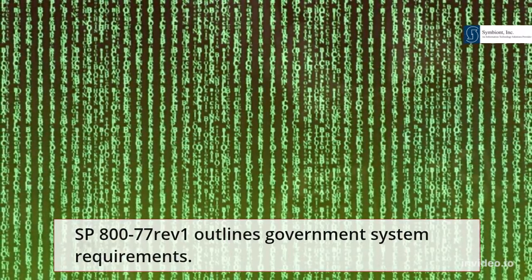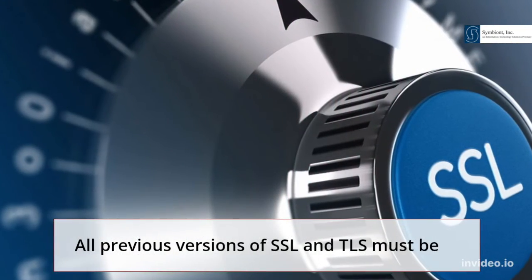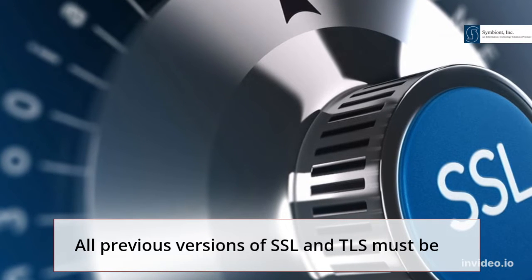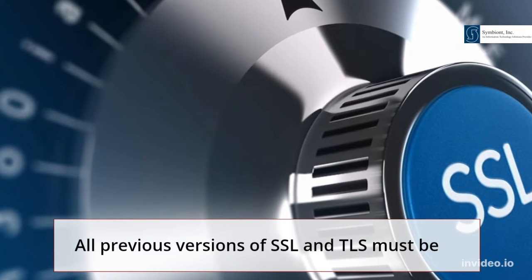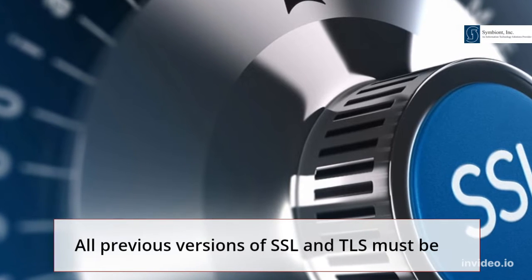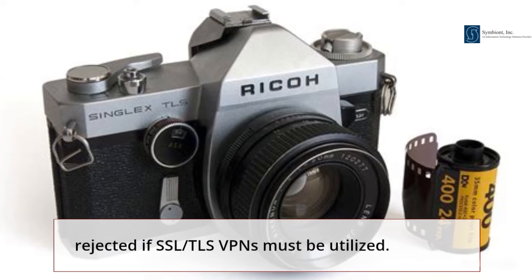If SSL/TLS VPNs must be used, the remote access VPN must only use strong TLS, TLS 1.2 or later, and all older versions of SSL and TLS must be rejected.